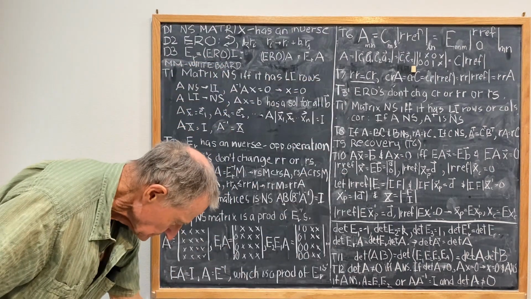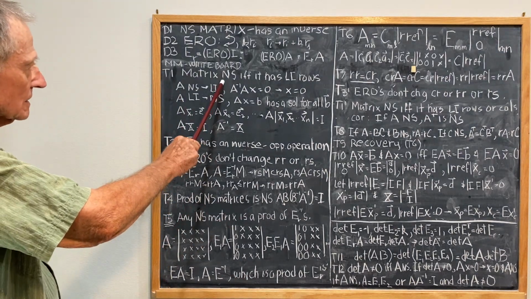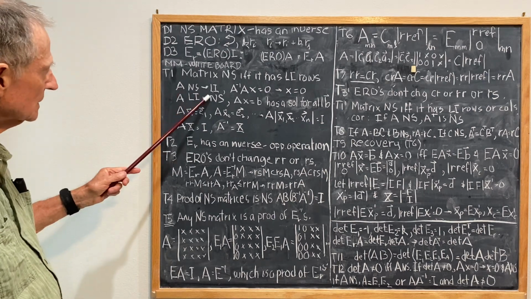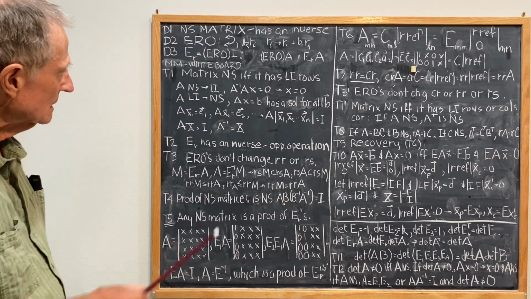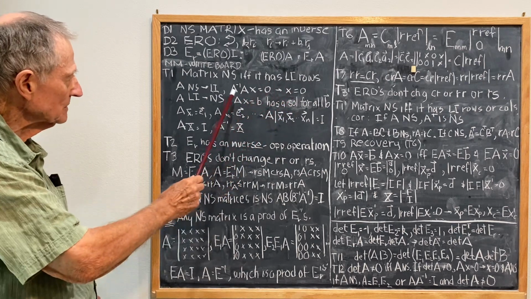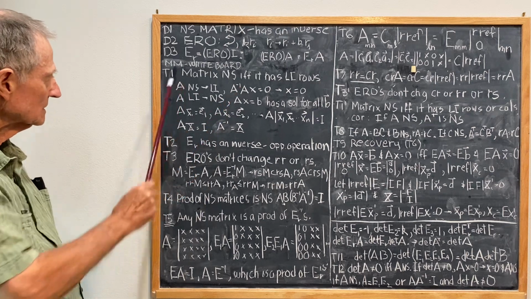Now, for the first theorem, I'm going to show a matrix is non-singular if and only if it has linearly independent rows. If A is non-singular, then the only solution to AX equals 0 is X equal to 0, which I get by pre-multiplying by A to the minus 1, which exists because A is non-singular.